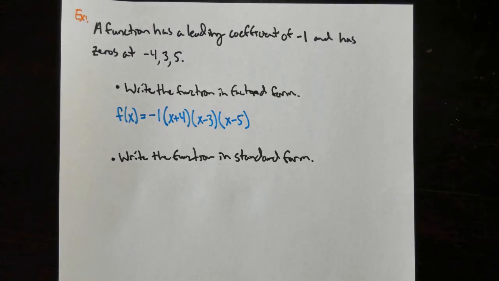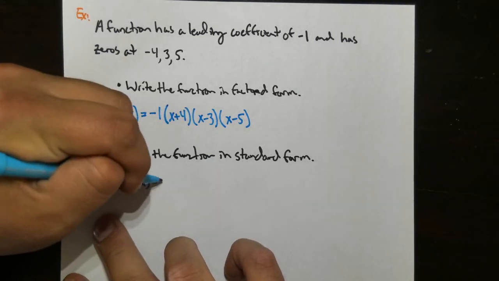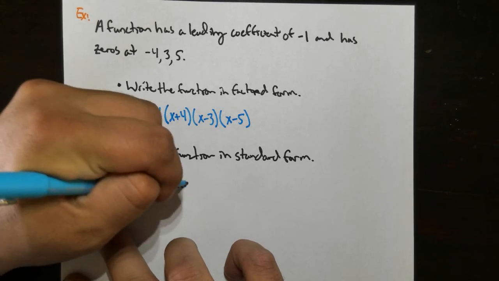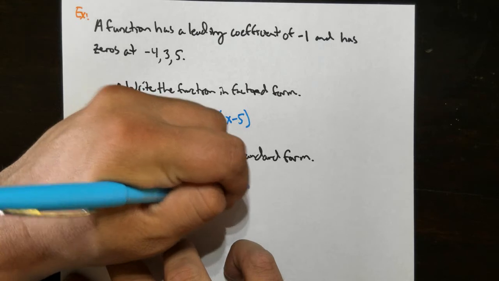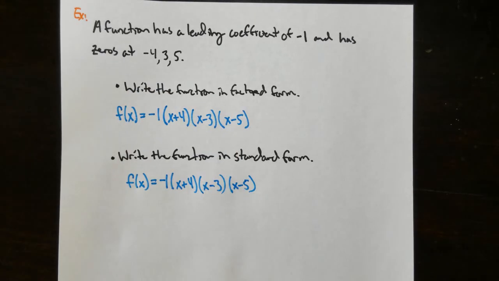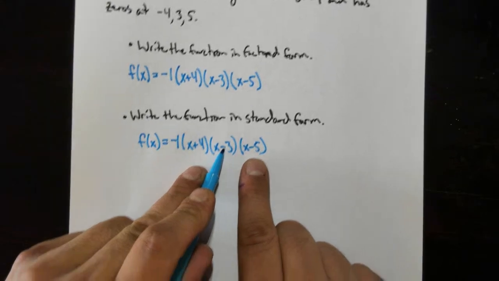So now, again, we're going to multiply all these together and put it into standard form. So I'll go ahead and rewrite it. And remember, it doesn't matter which ones we do first. In fact, on this first step, I'm going to multiply these two together and multiply these two together in one step.